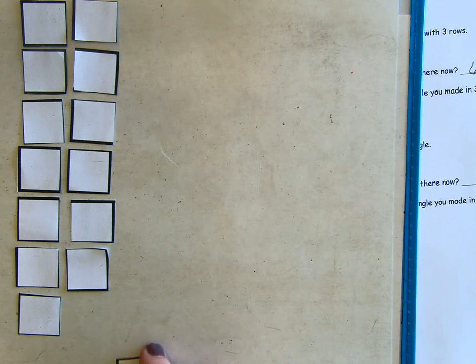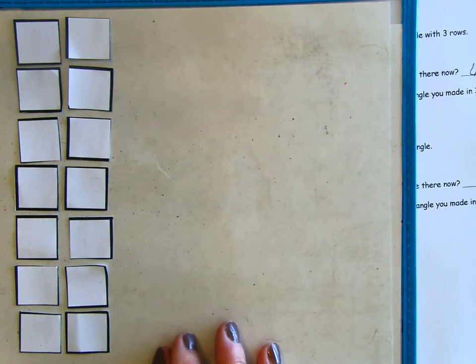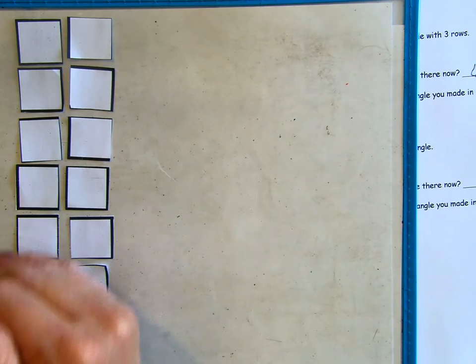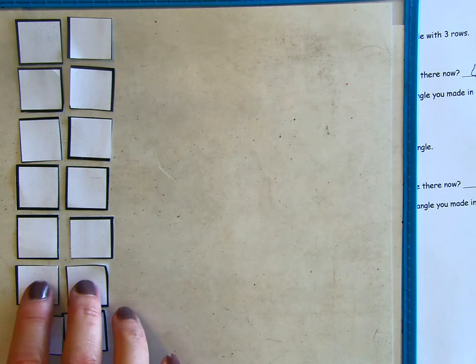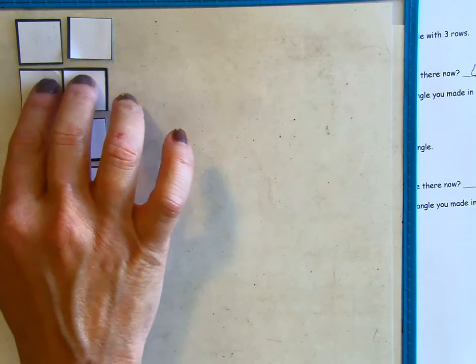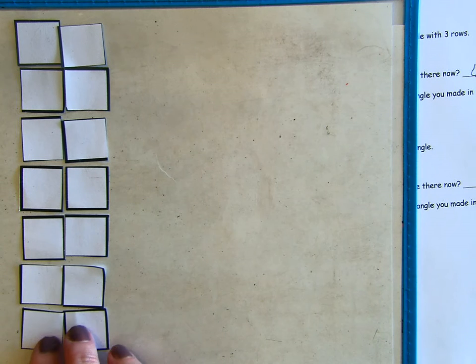But if I take that one away from down there and put it here, then I do. So I have 14 tiles and I have them in rows. There's only 2 in each row.